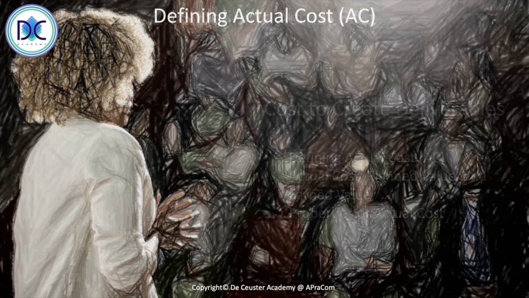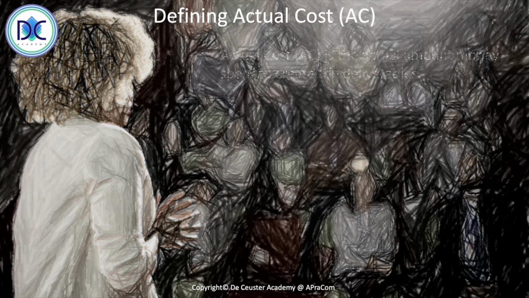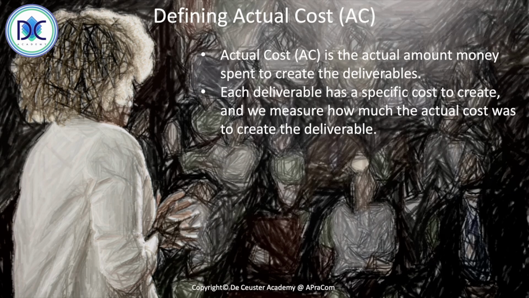So let's have a look at defining the actual cost of the project. The actual cost is the actual amount of money spent to create the different deliverables. What we will find in the reports is how much money has been spent for the different deliverables related to the different activities. Each deliverable has a specific cost to create, and we measure what the actual cost was to create that deliverable.